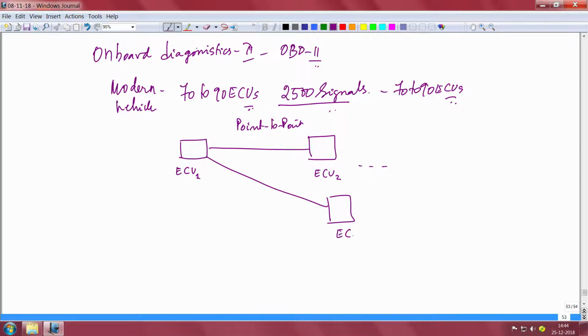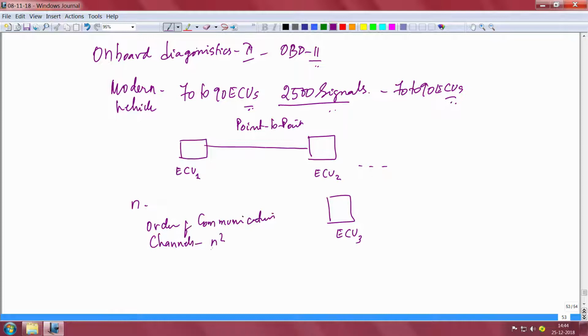This is ECU 3, and ECU 3 in turn establishes a connection to ECU 1 on a point to point link. If there are n ECUs, a simple calculation shows the number of communication channels will be of the order of n square.